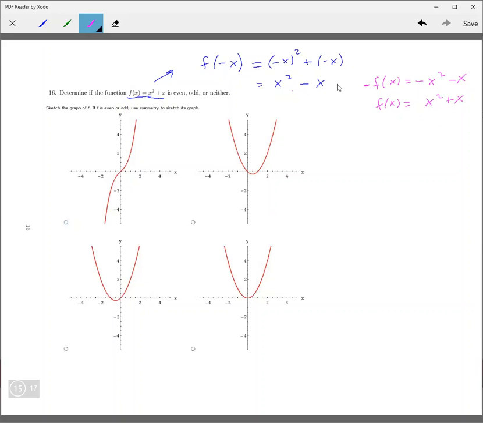This one is not equal to that one because this one has a minus right here, this doesn't. And this one is not equal to that one either because this has a minus here and that doesn't. This has a plus. Okay, so in this case, it's neither.